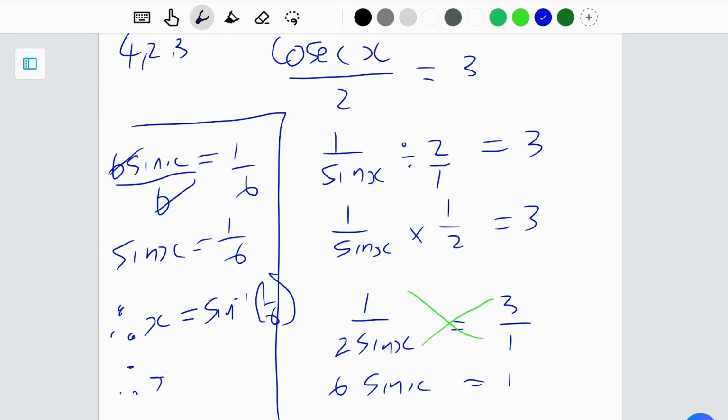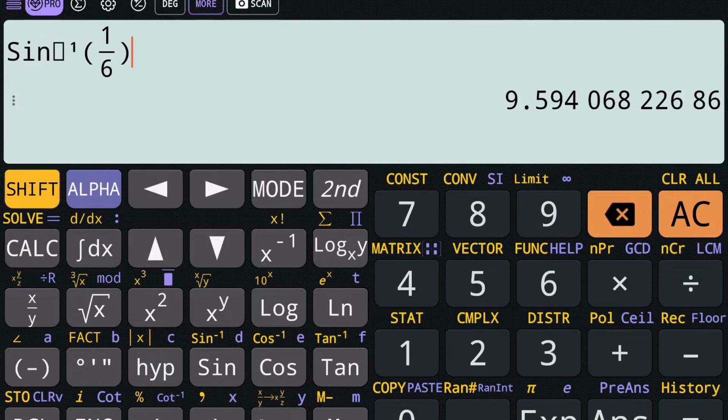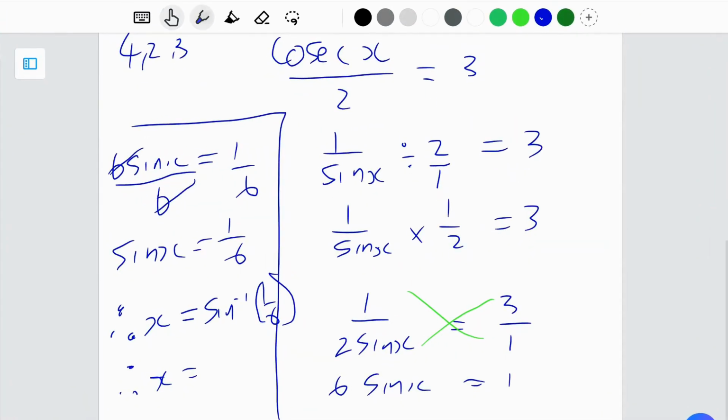So therefore x equals, and we're going to check this on our calculators again. We're going to say shift sine 1 over 6, which gives me 9.59. And they did say to 1 decimal place, so it's 9.6. Okay, so therefore x equals 9.6 degrees.